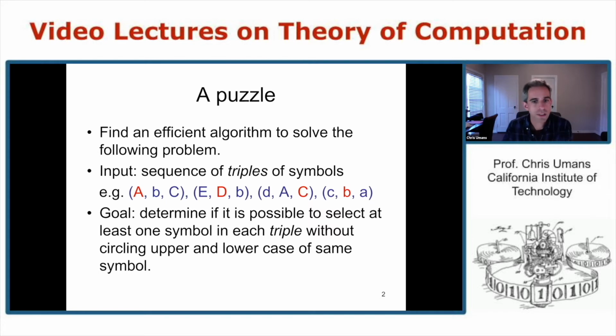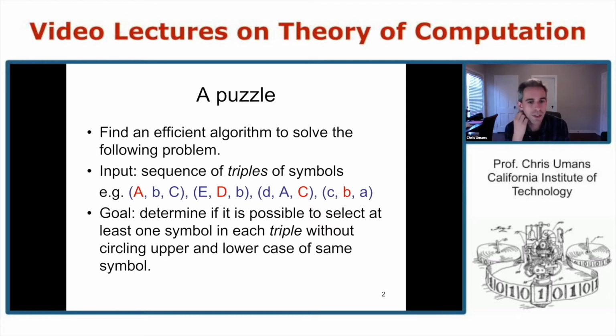So the red characters on the slide are an example of a way that this sequence of triples is, we would say, a positive instance. There is a way to select one character from each triple, which is indicated in red here. But there could also be sequences of triples where it's not possible. For example, the pair of triples where the first one is 3 capital A's, the second one is 3 lowercase a's.